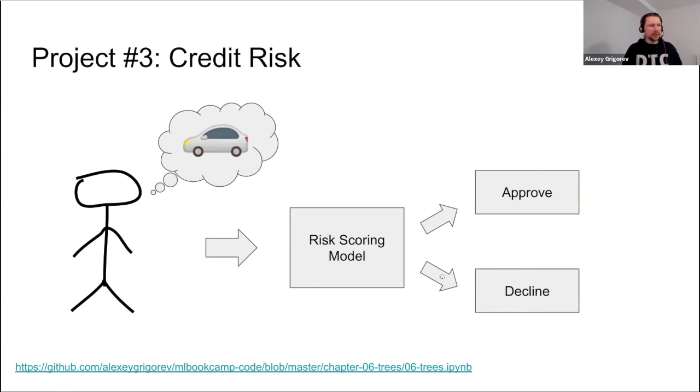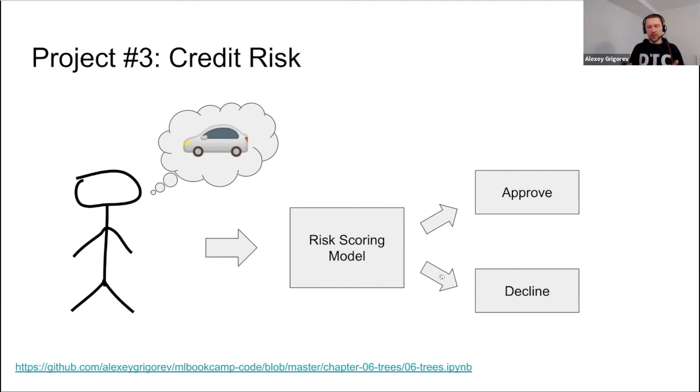Default means you will not be able to pay back the loan. And then the bank uses this model to understand if they should approve your request or decline. So you can build a model like that. And again, here we have a binary classification case. We either approve or not approve.